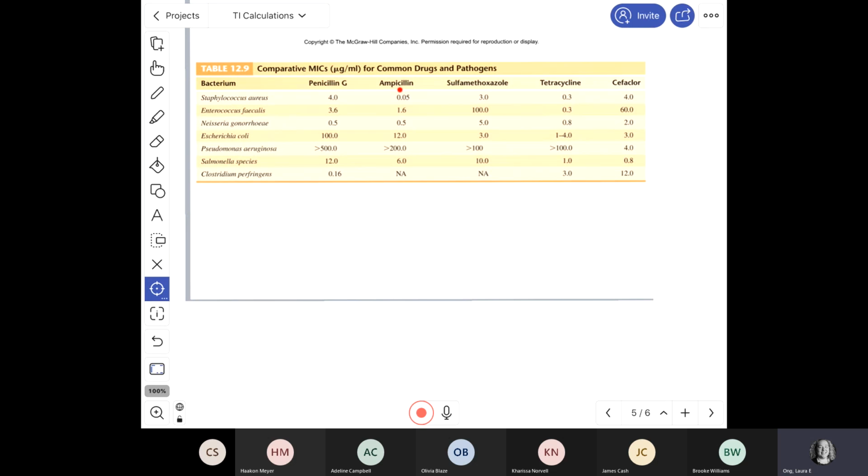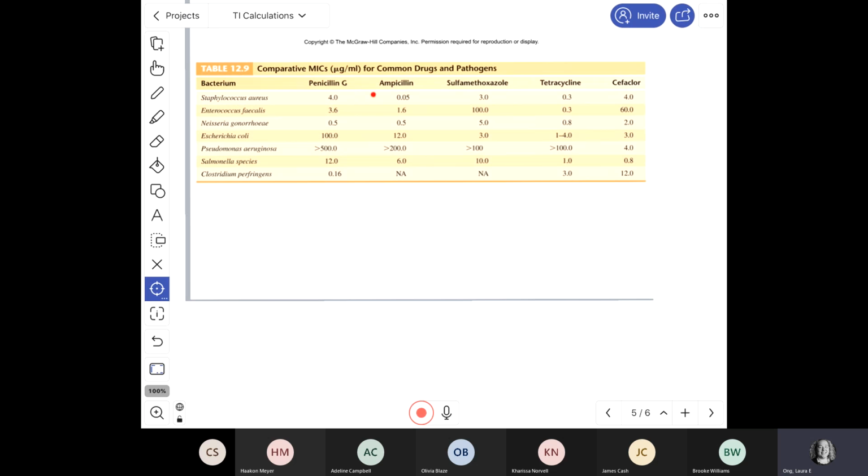So there will be something like this chart in Canvas for you to look at that will provide you with MIC values. So what this is showing is, for a particular bacterial strain like Staphylococcus aureus, for each one of these drugs, what would be the minimum inhibitory concentration for these drugs to kill Staph aureus in a tube?